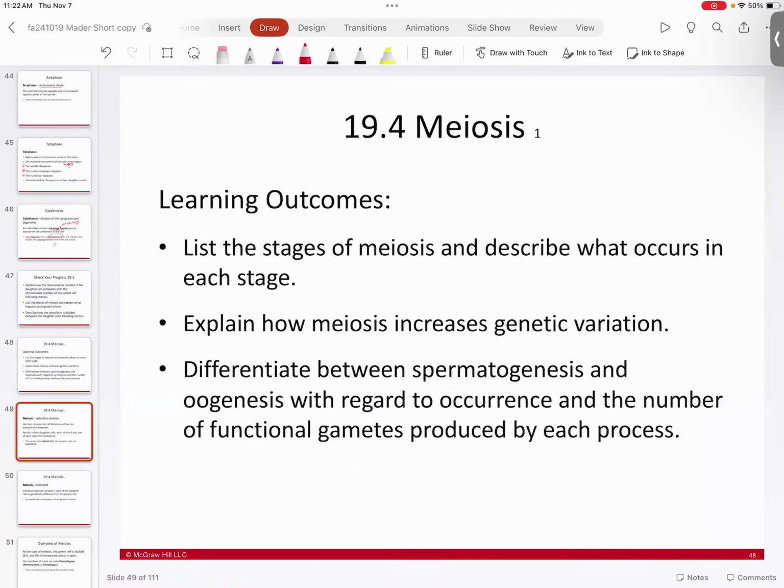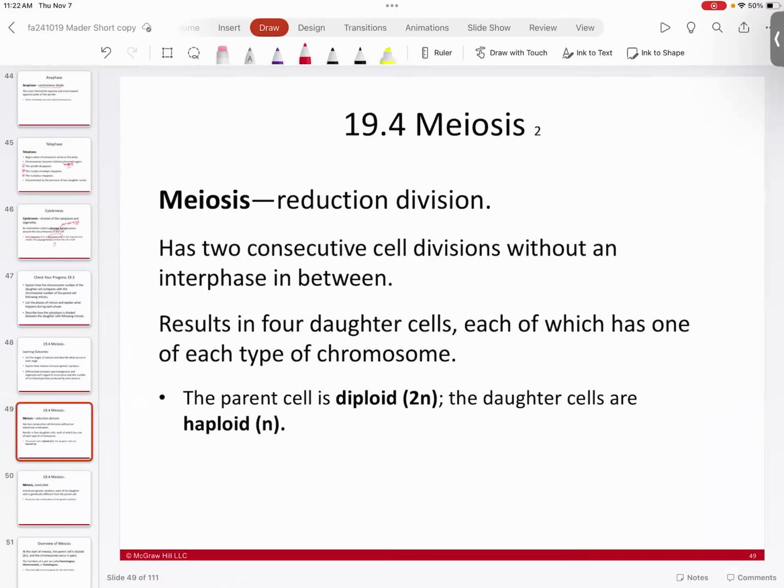Okay. Now, let's take a look at a related process, but a little bit different. So in meiosis, as opposed to a duplication type of division, this is a reduction division. Ultimately, in meiosis, you have two consecutive cell divisions without an interphase in between. And in this case, your goal is to produce 4 daughter cells, not 2, each of which is haploid.